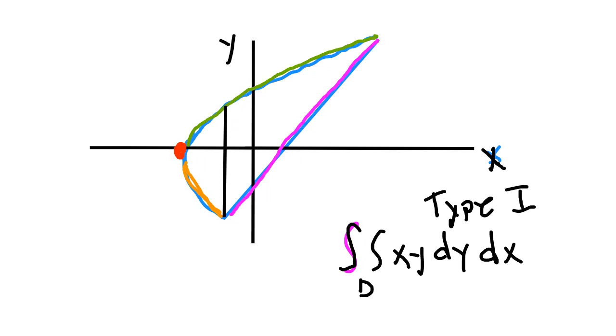You would have to have a region D1 with a double integral for that, and then another region D2. You'd have a double integral for that, because you'd have to have the sum of what happened there.